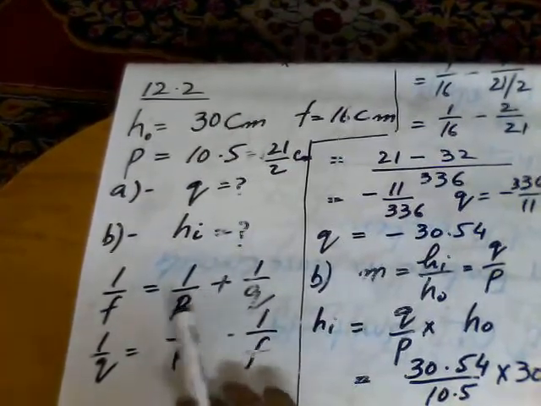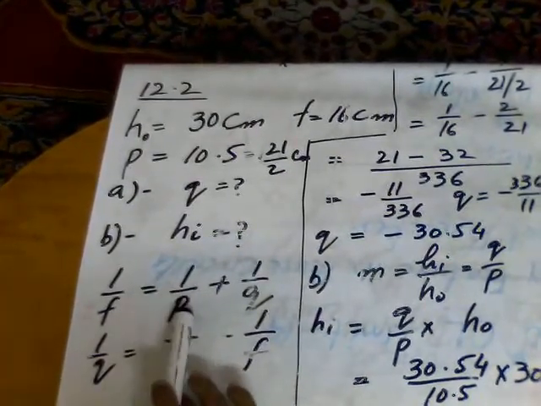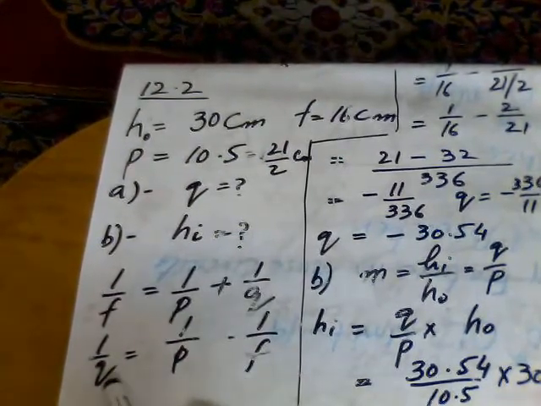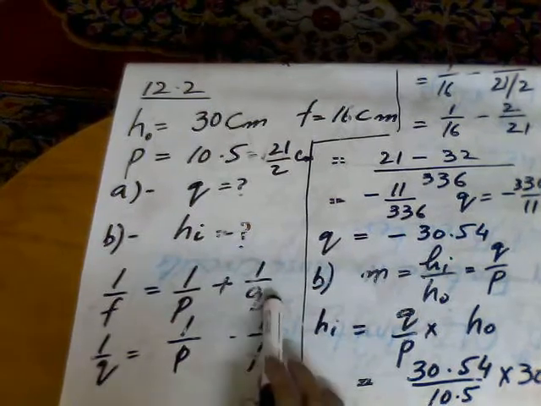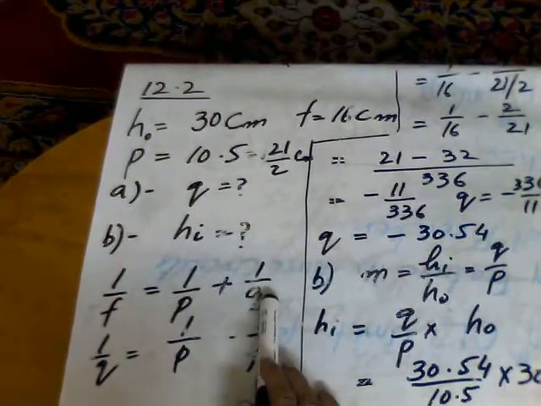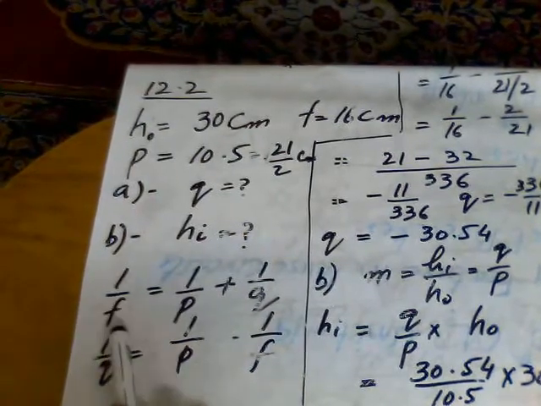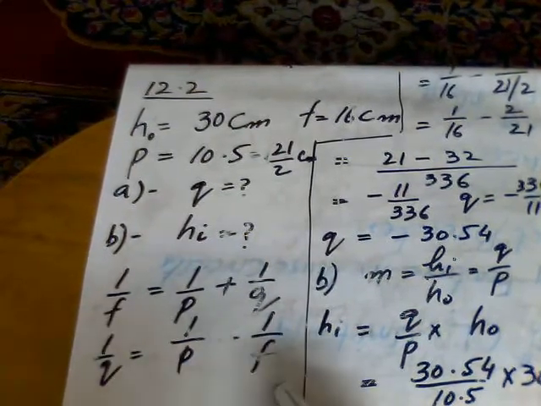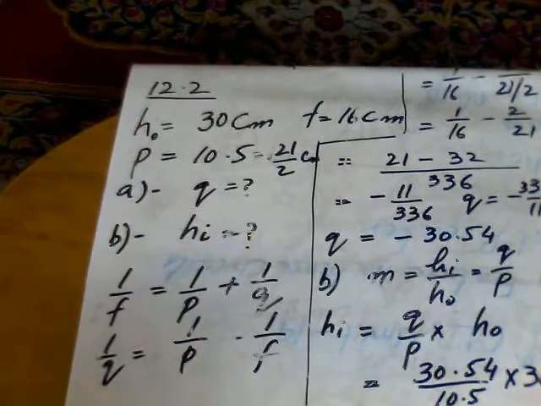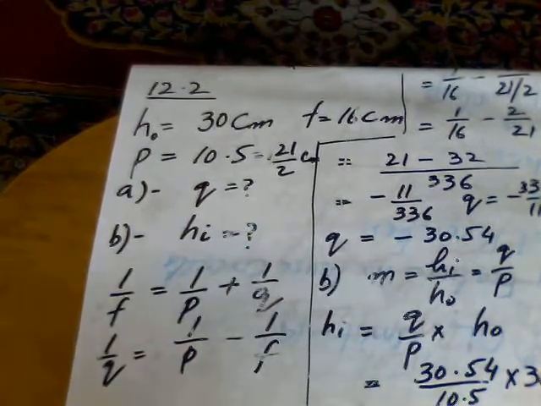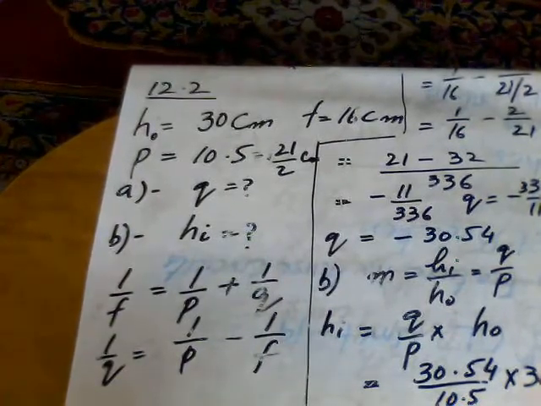Mirror formula: 1 over f equals 1 over p plus 1 over q. We have to find q, therefore we will shift 1 over q to the left hand side and 1 over f to the right hand side. While this comes on the right hand side, we take it as a minus.